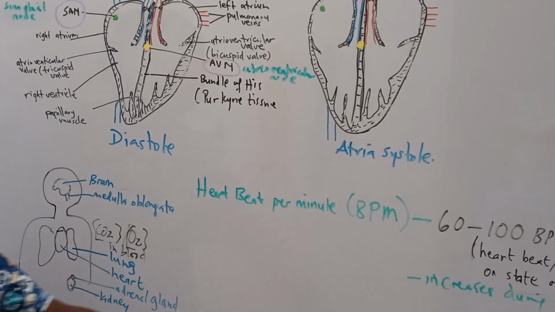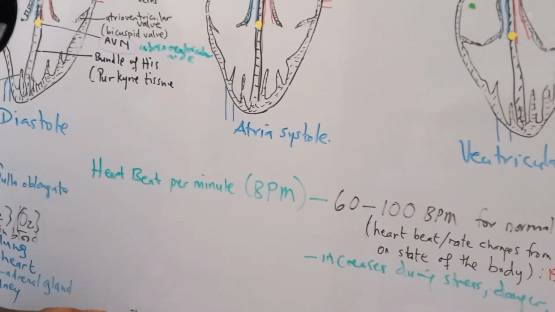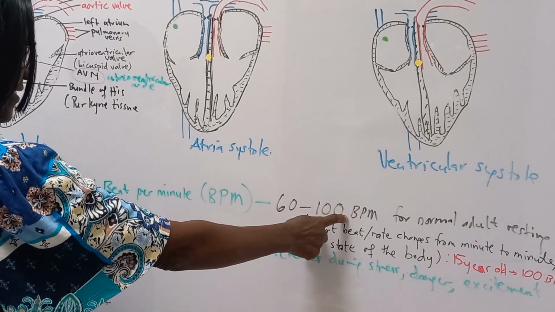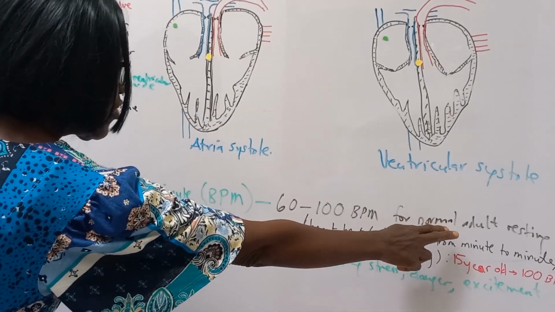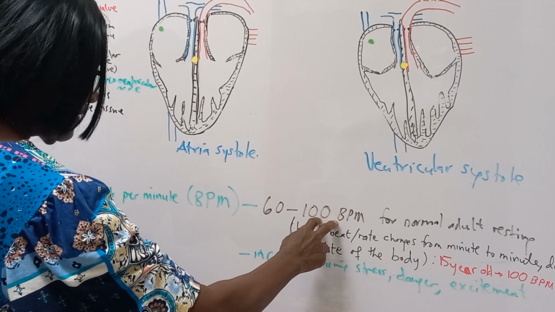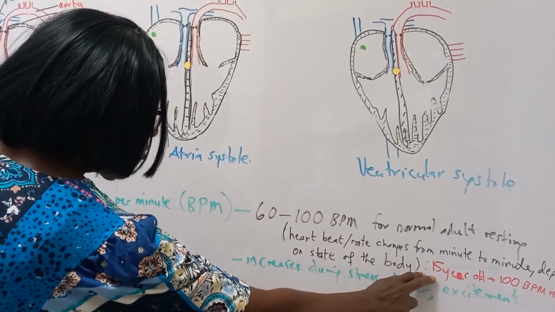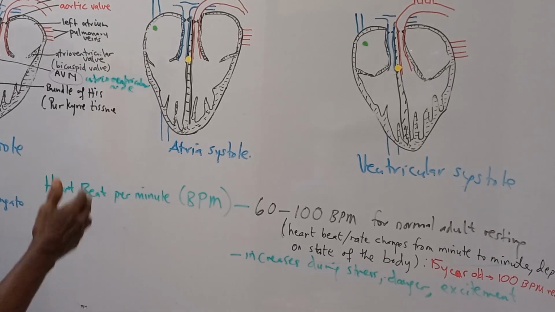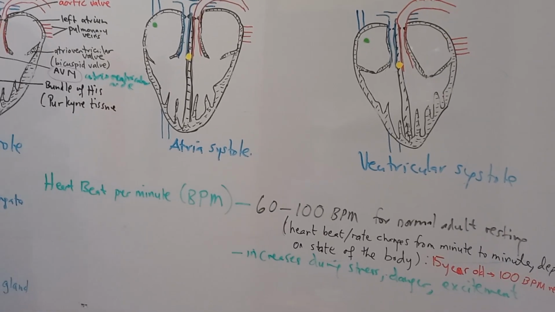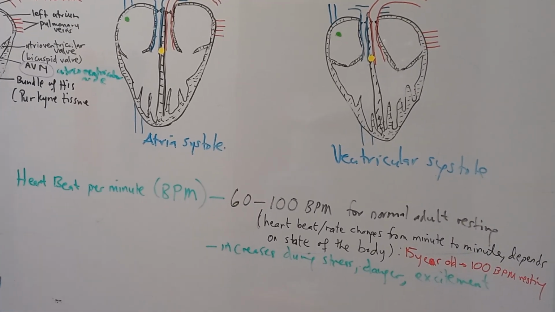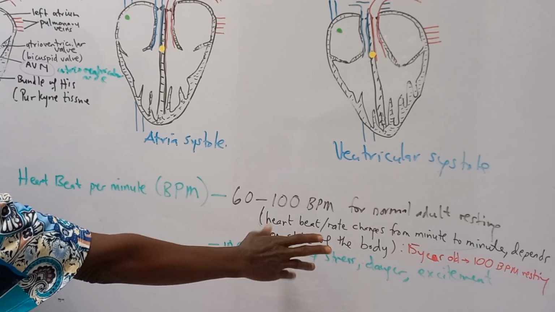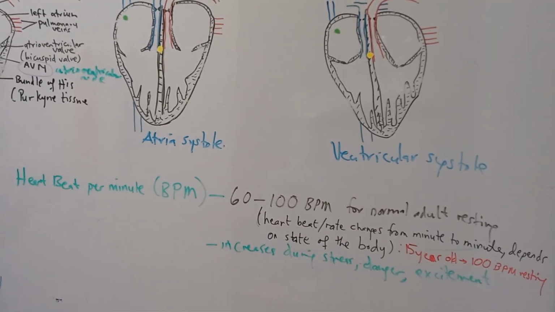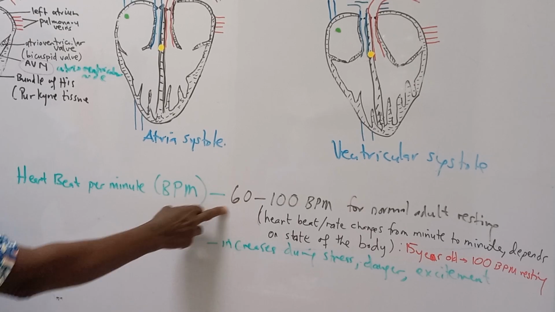We've quoted that for a normal resting adult, but it changes depending upon the state of the body. So during times of stress, danger or excitement, the heart beats faster, and so this rate changes.